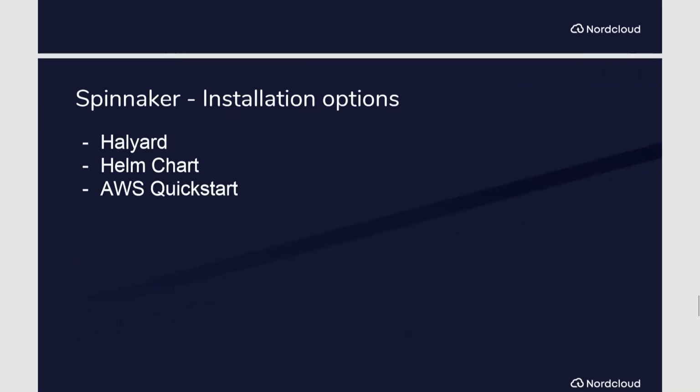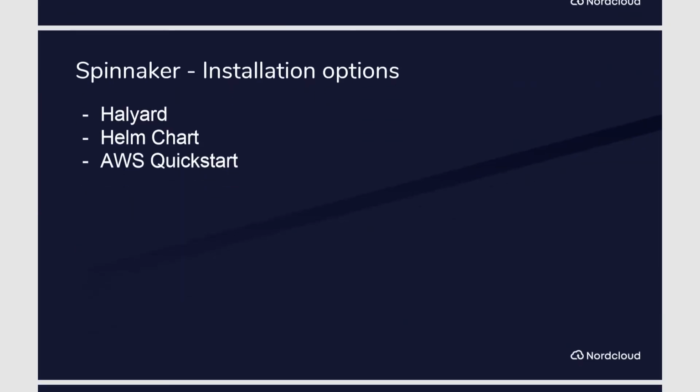Let's take a look at some installation options for Spinnaker. If you want to get started really quickly, you can use the AWS Quick Start. Just Google this. What this will do is provision one EC2 instance with all the Spinnaker components running, and you are able to connect directly into the Spinnaker UI to test this yourself.